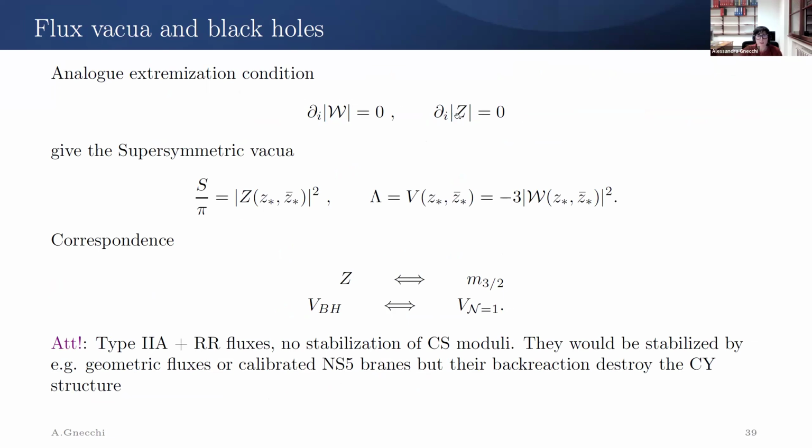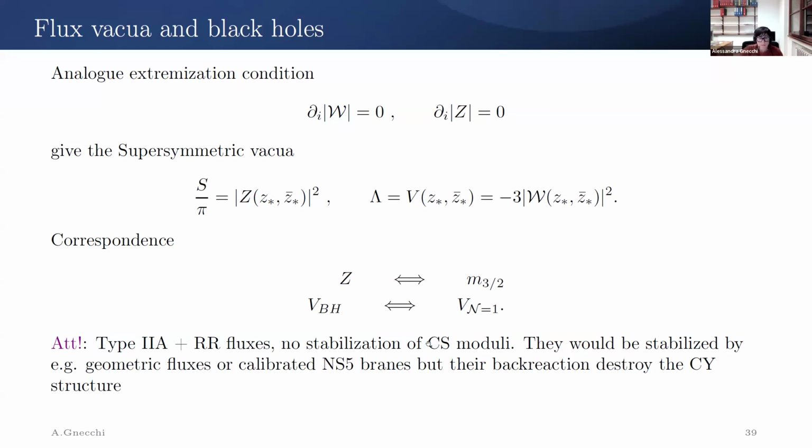So there's this hint that we could relate the role of the central charge of a black hole with the mass of the gravitino, and the black hole potential, so its entropy, to the N=1 gauge potential.